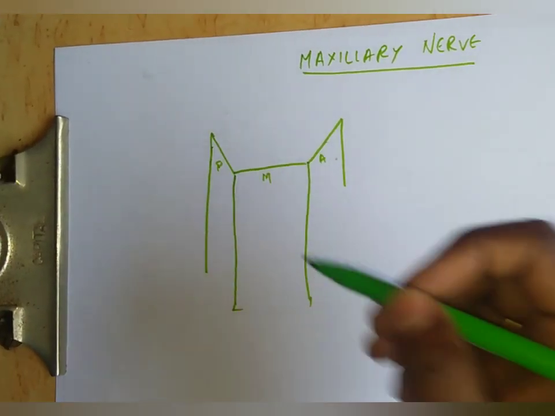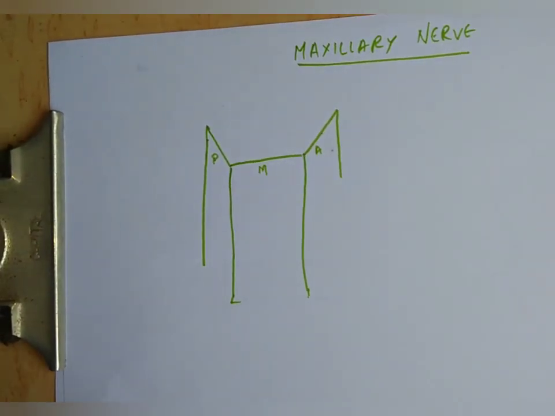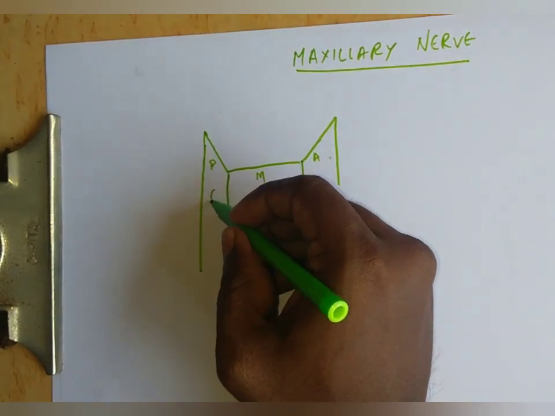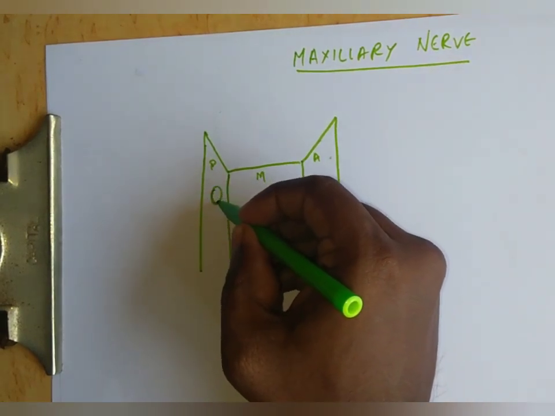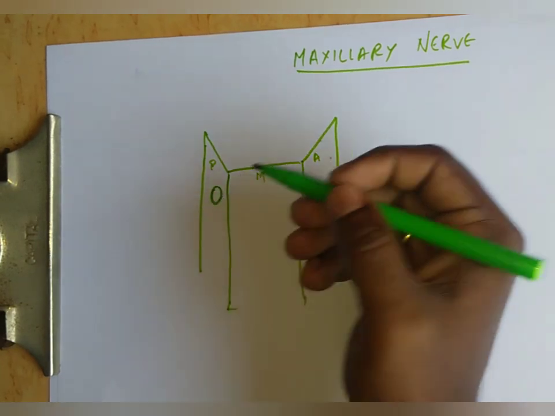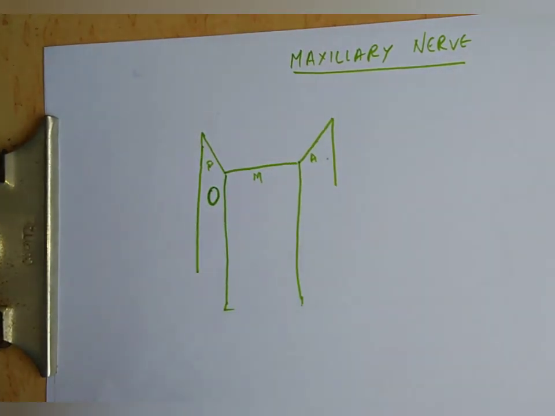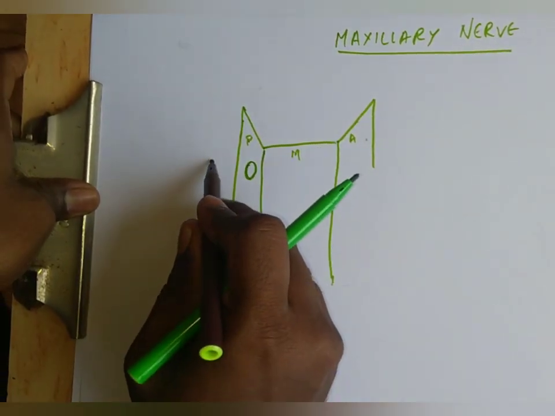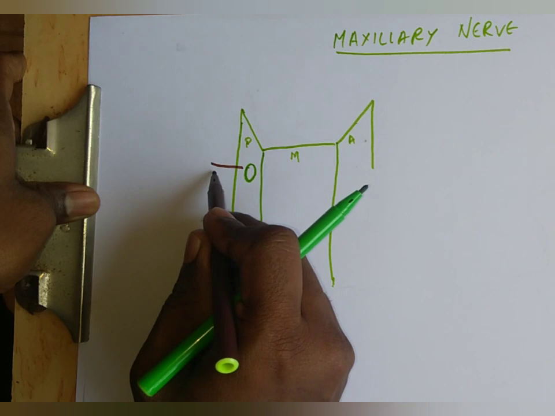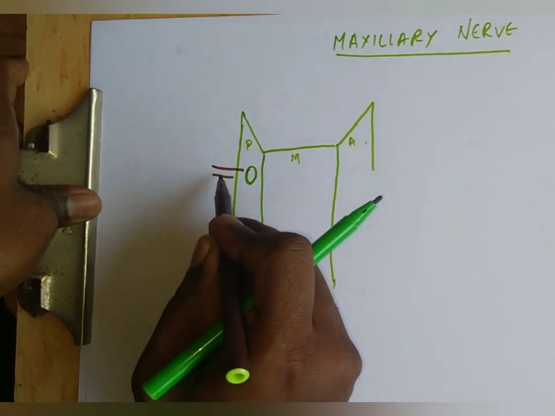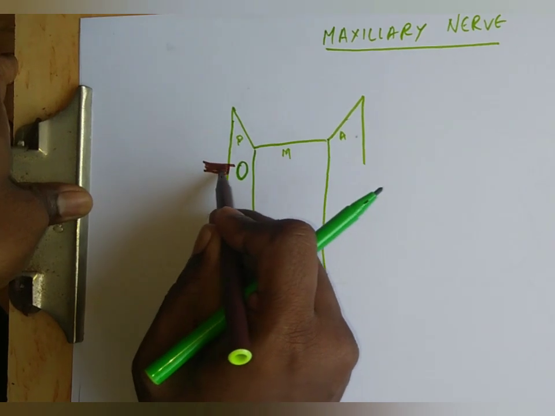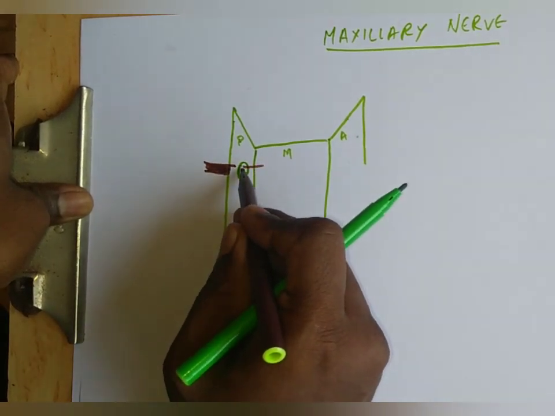Now the nerve enters inside the pterygopalatine fossa through an opening here, that is the anterior end of the foramen rotundum. We'll draw the nerve using brown color. So this is the nerve which is entering through the foramen rotundum.